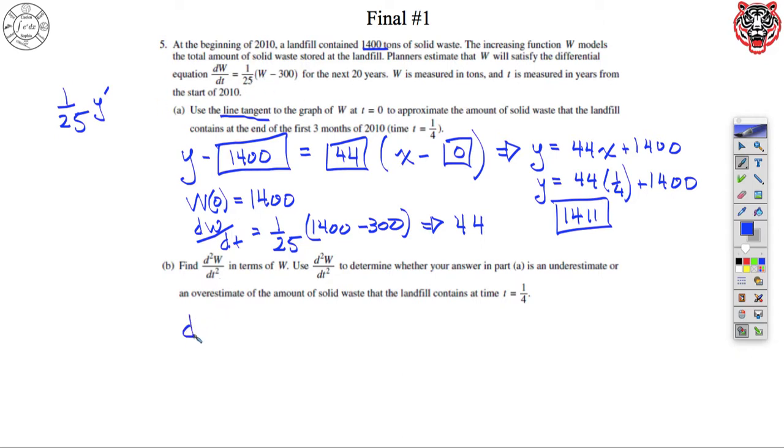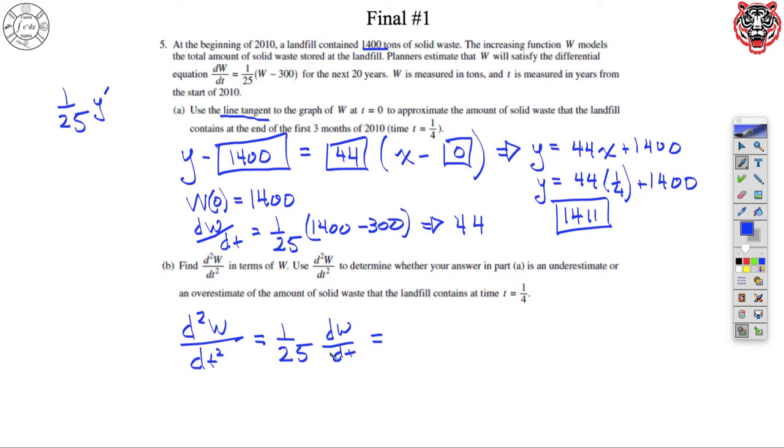So I'm going to say that d squared w over dt squared is going to be equal to 1/25, that's just the constant, the same number out there, and then times the derivative of the inside, which is just w prime. And I could be lazy and write w prime, but I should just stick with the form that they gave us. Instead of saying w prime, they say dw dt, dw over dt.